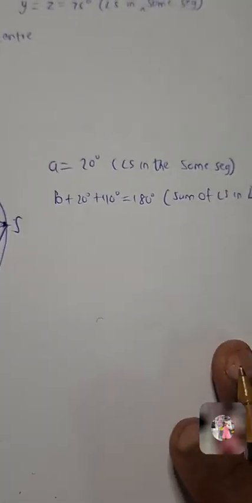And 110 plus 20 is 130. Therefore, B is going to be 180 minus 130, which is 50 degrees. Awesome. B is 50 degrees. Update the diagram. B is 50.